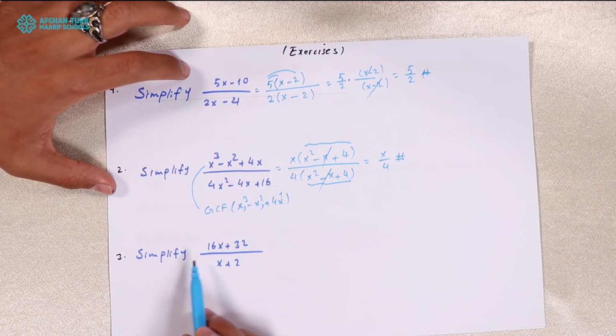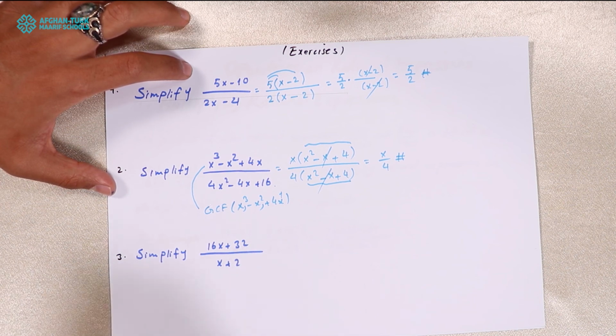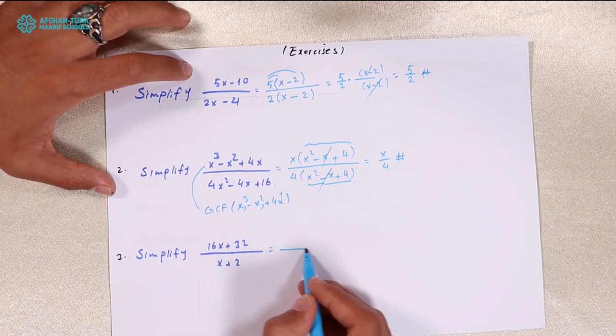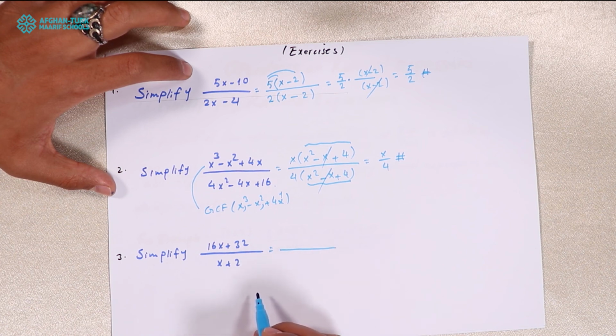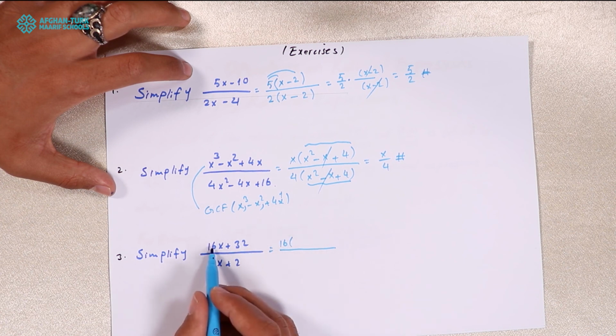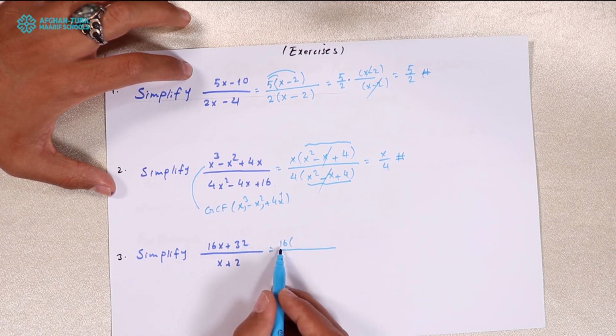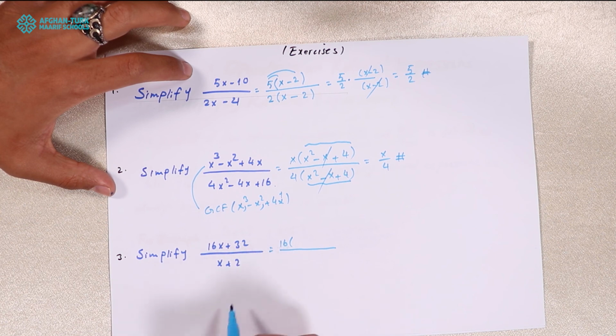The third question: (16x plus 32) over (x plus 2). From the numerator, what should we take as a common factor? Yes, 16, because 16 is in this term and also in 32, since 2 times 16 is 32.